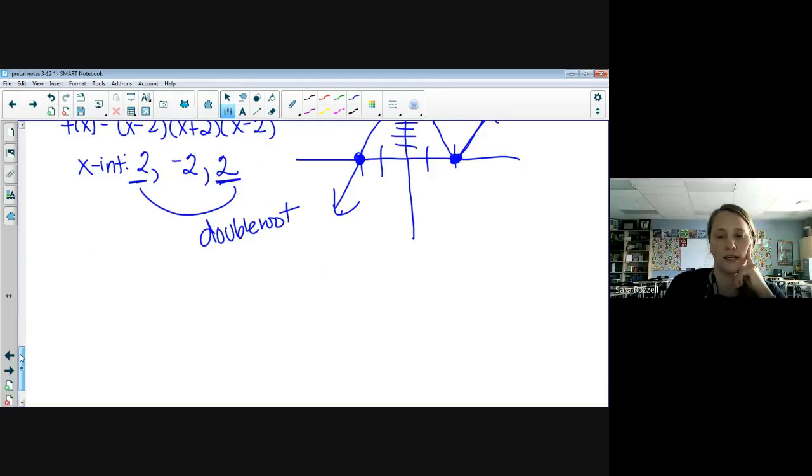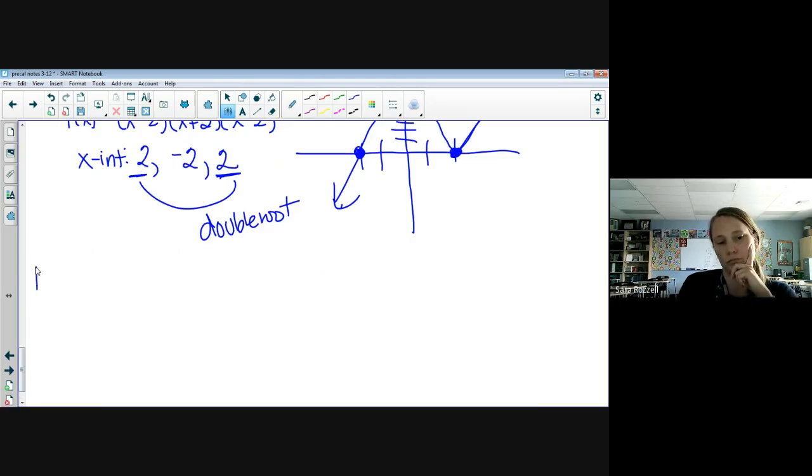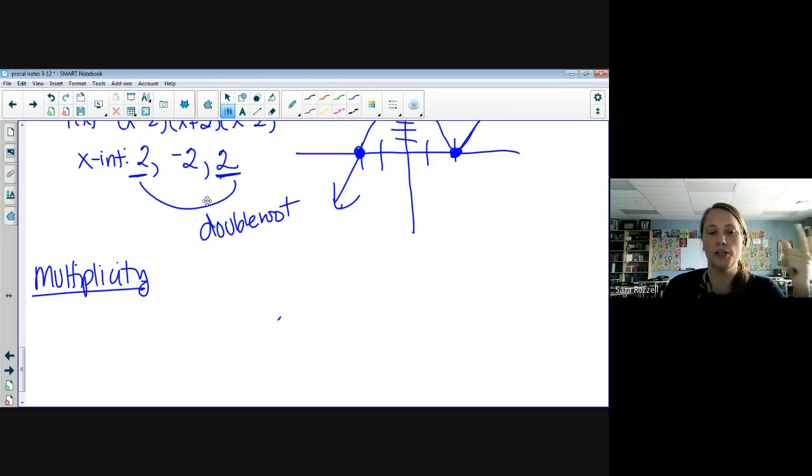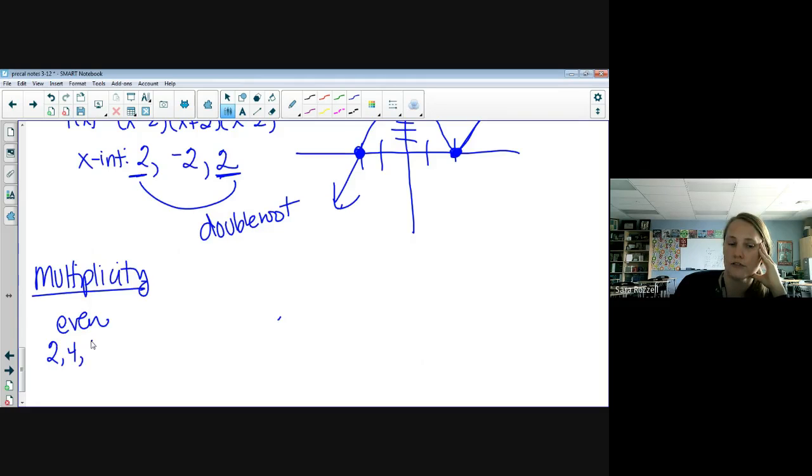So the very last thing, which is about multiplicity. Weird things happen when you have roots that show up more than one time with your graph. So our root can have even multiplicity. That means it's a root 2 times or 4 times or 6 times.